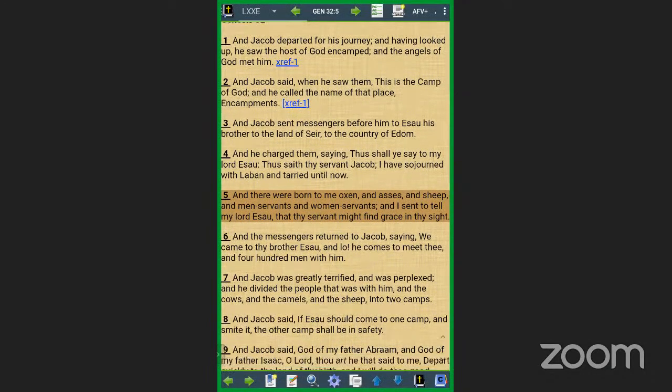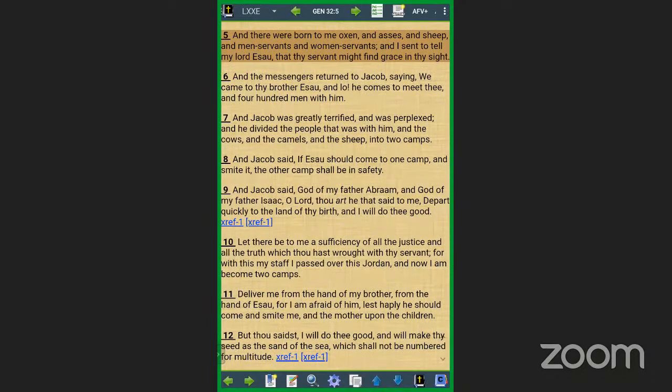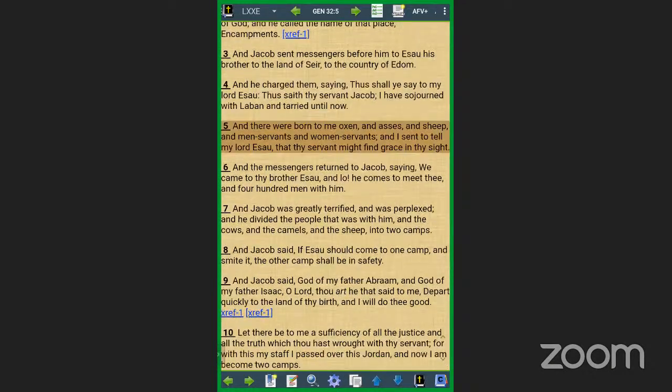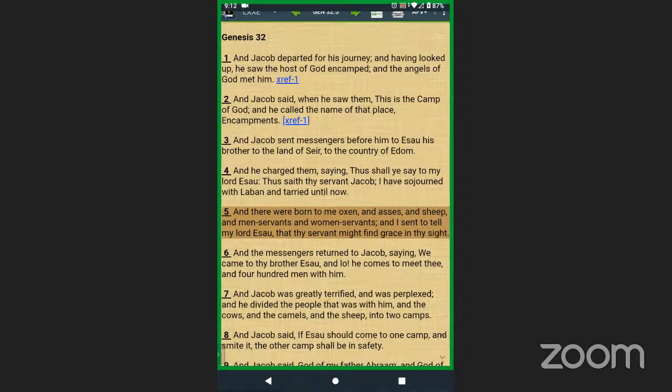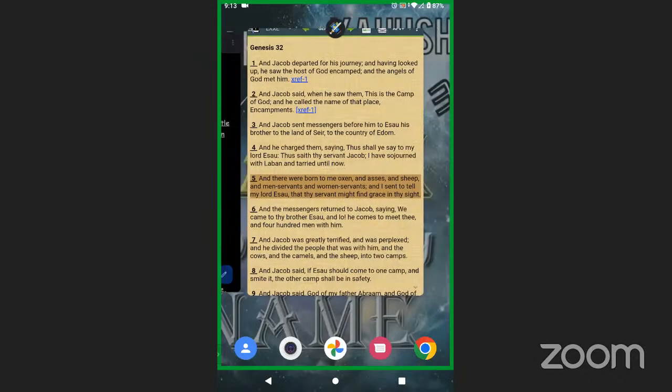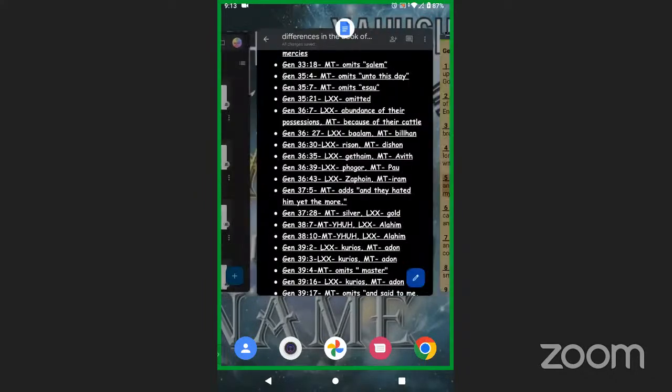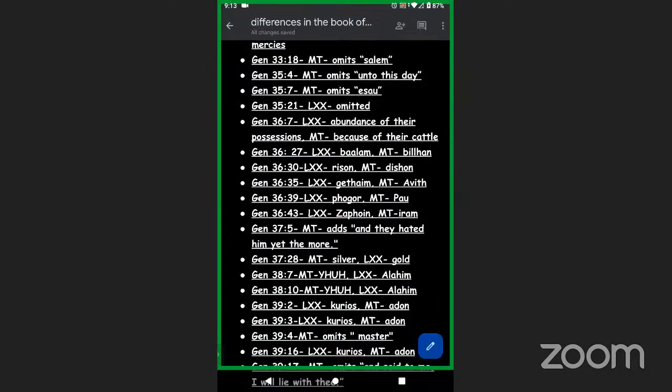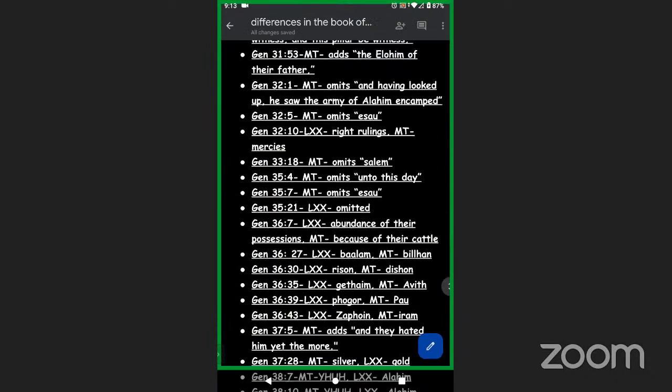So interesting that Jacob's calling him his master there. So I guess he's showing him respect, whether his brother deserves it or not, but he's still showing him respect. So very interesting. The name Esau is not mentioned in the Masoretic in that verse, in verse 5 there.